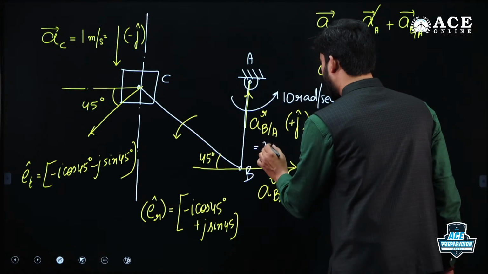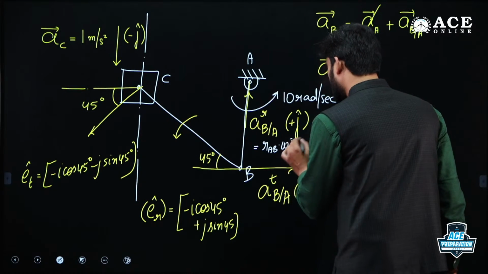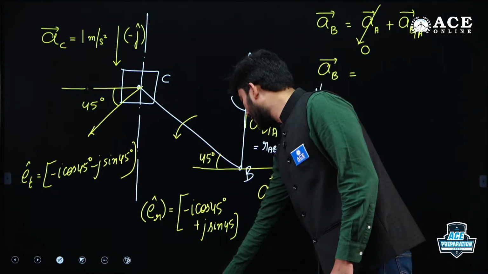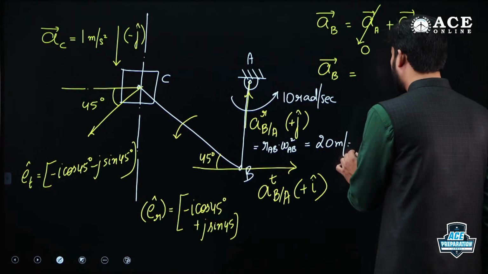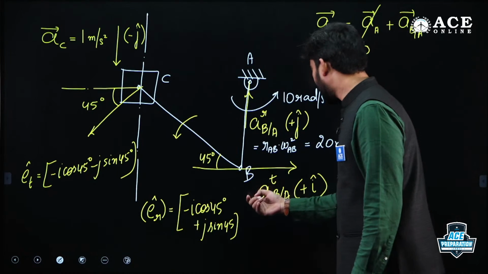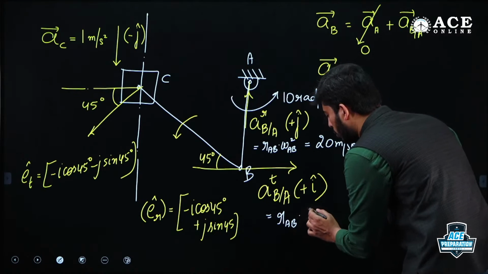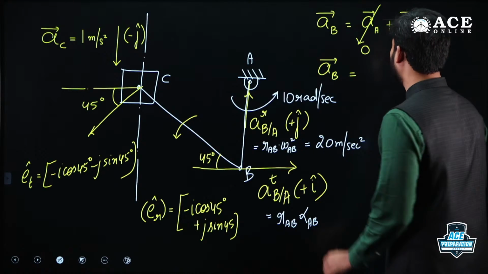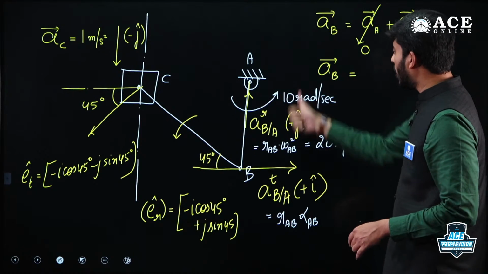This is given as RAB into omega AB square. RAB is equal to 0.2 and omega AB is 10. So 0.2 into 10 square is 20 meter per second square. Next is the tangential component of acceleration, RAB into alpha AB, so 0.2 alpha AB.